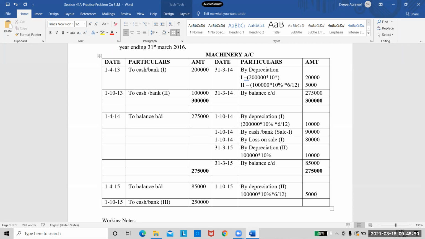So after I provide the depreciation, what will I do? I have to sell that machinery. So 1/10/2015, write the entry as by cash/bank in brackets sale. Sale for which machinery? Second machinery. And how much am I selling it for?